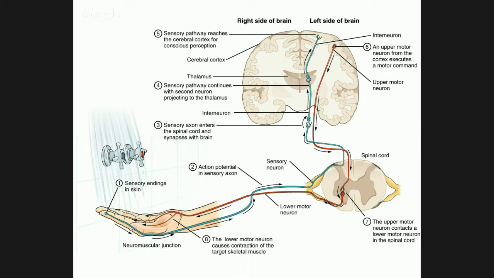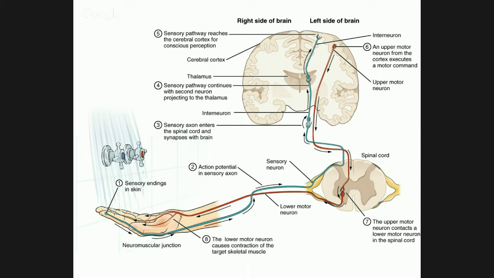But what we're seeing here is a hand that is under shower water to check the temperature. And so there are sensory endings in the skin, which don't necessarily have to be in the fingertip. They're going to be anywhere in the skin that the water's falling on, that are sensitive to temperature.